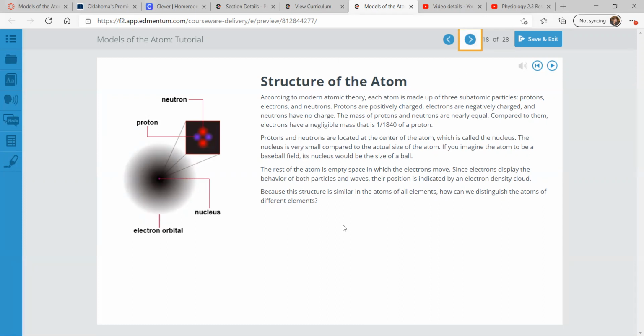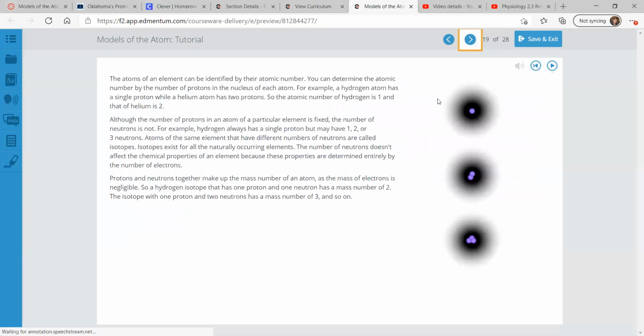Because this structure is similar in the atoms of all elements, how can you tell which atoms are from different elements? How can you identify elements from their atoms? The atoms of an element can be identified by their atomic number, and we can determine that by the number of protons in the nucleus of each atom.